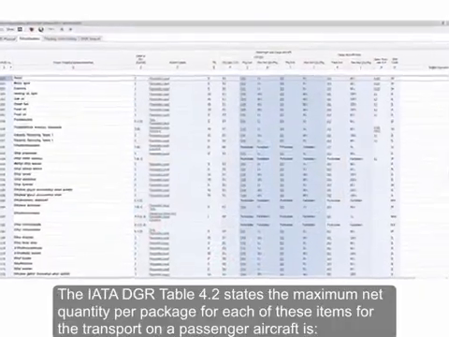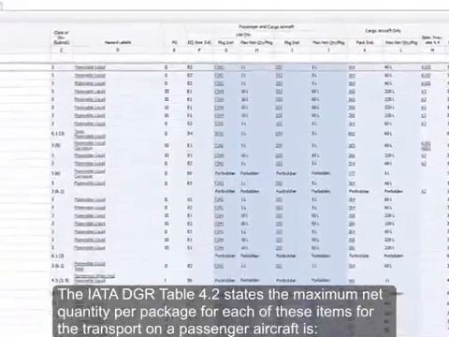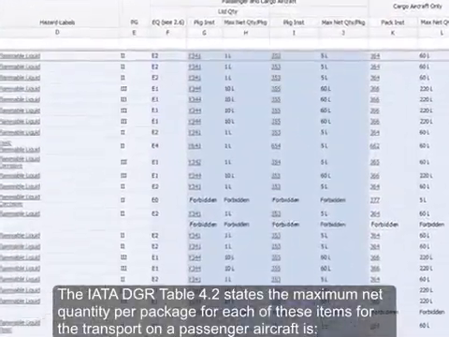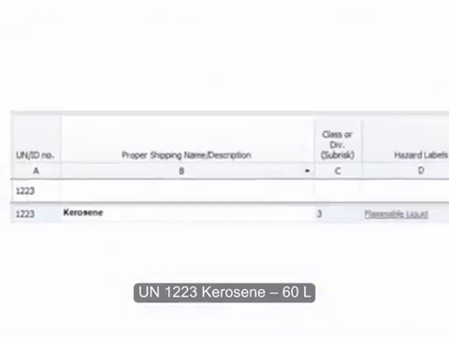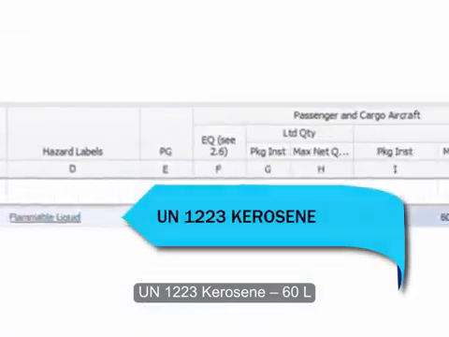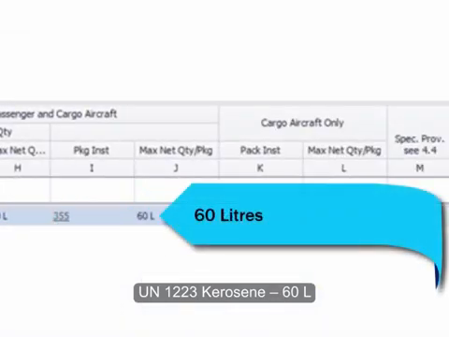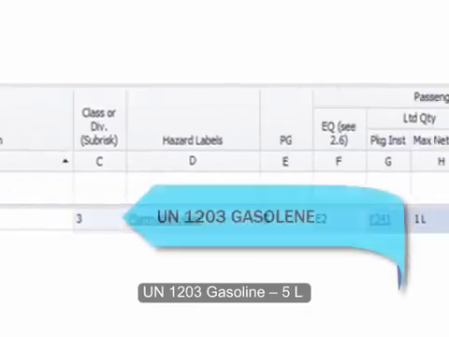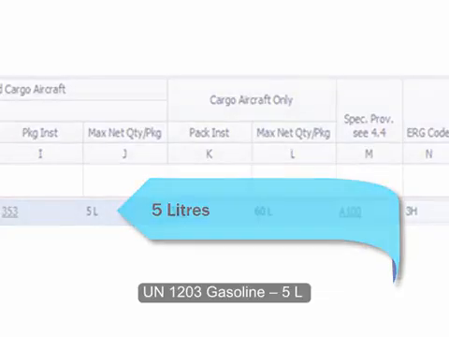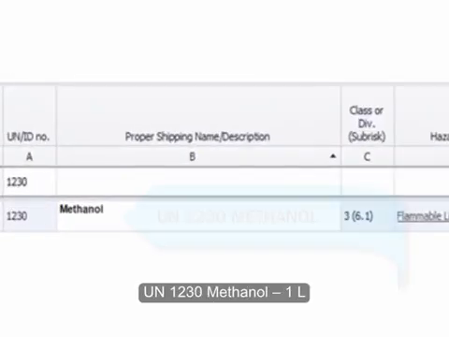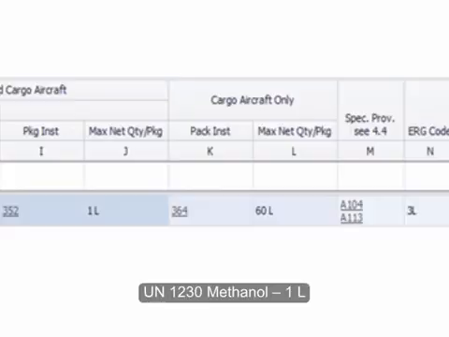The IATA DGR Table 4.2 states the maximum net quantity per package for each of these items for transport on a passenger aircraft is: UN 1223 kerosene, 60 litres; UN 1203 gasoline, 5 litres; UN 1230 methanol, 1 litre.